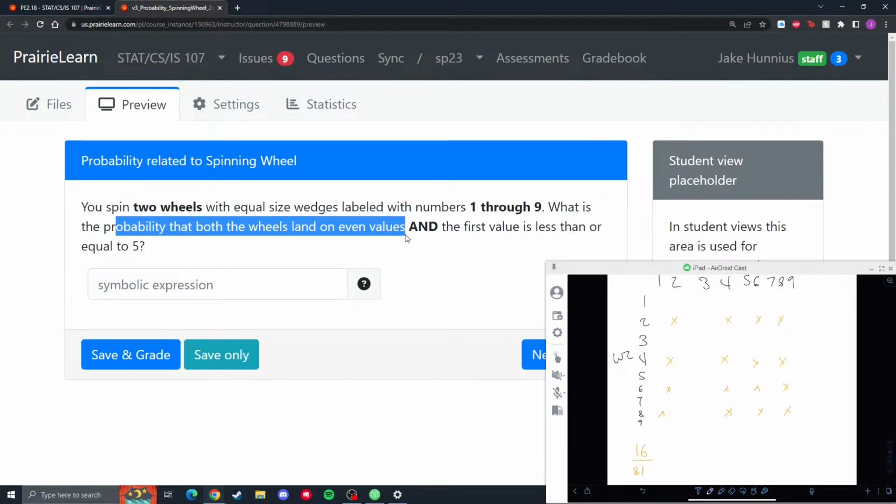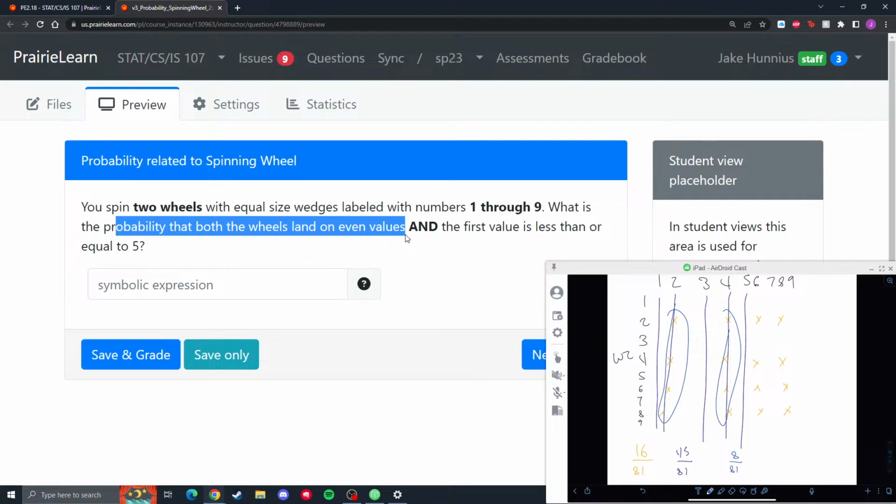Whoopsies. The first value is this way. It's going to be the same thing, but just for continuity. Again, it's going to be 45 over 81, and then there's only 8 overlaps. So 8 of the 81 are both less than or equal to 5, and both of them are even.